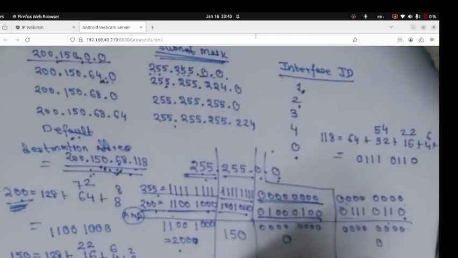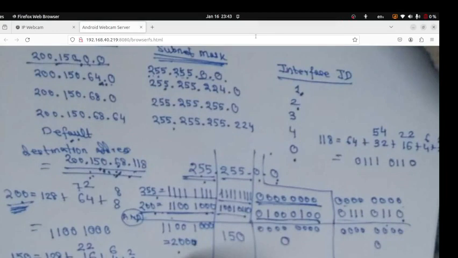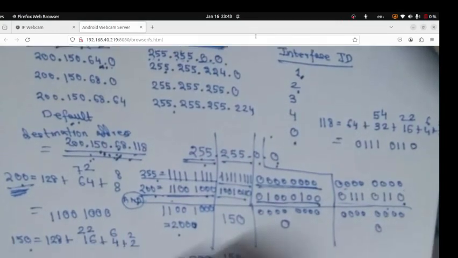So what value am I getting here? The value is 200.150.0.0.